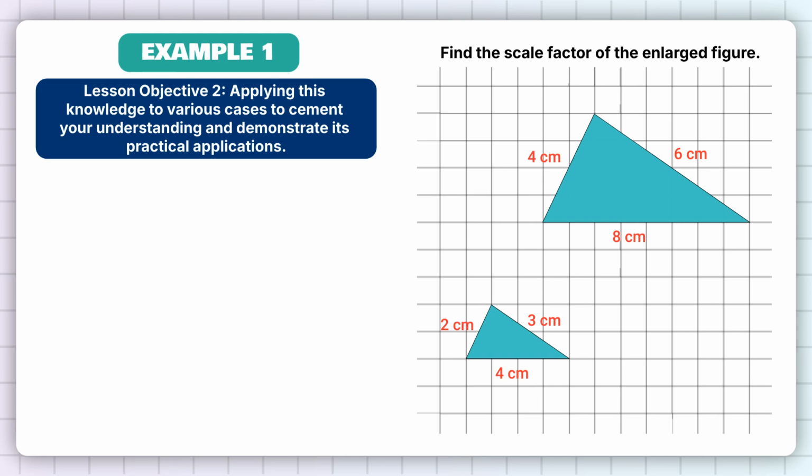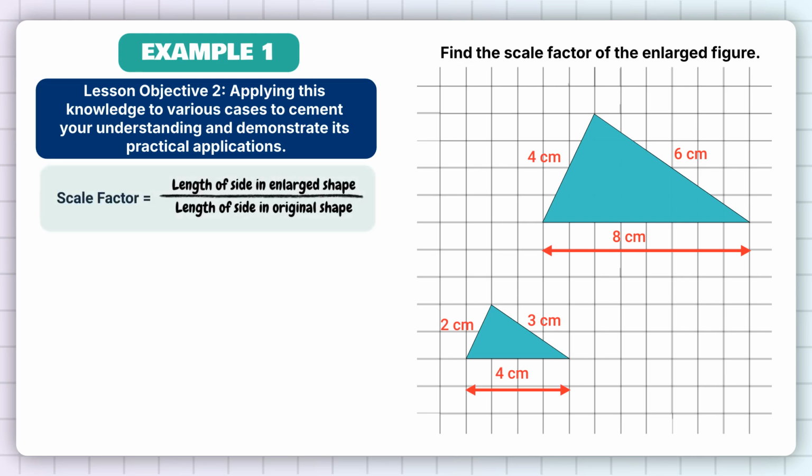Take one pair of corresponding sides, for instance, the sides measuring 4 centimeters and 8 centimeters. To find the scale factor, we divide the length of side in enlarged shape by the length of side in original shape. So the scale factor would be 8 centimeters divided by 4 centimeters. So the scale factor for this enlargement is 2.